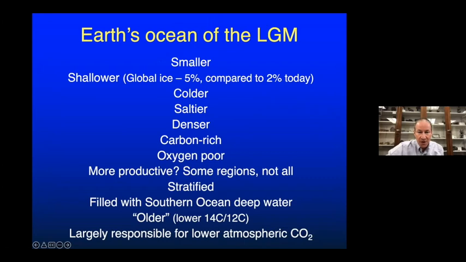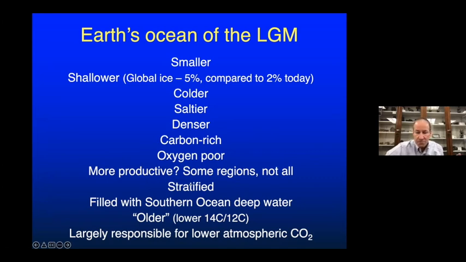So in summary, the glacial ocean was smaller, shallower, colder, saltier, denser, more carbon rich, oxygen poor, possibly more productive, although in some regions it was more productive, maybe not all. Could have been important that it was in the Southern Ocean, but clearly the glacial ocean was more stratified.